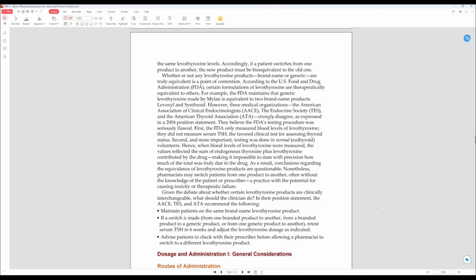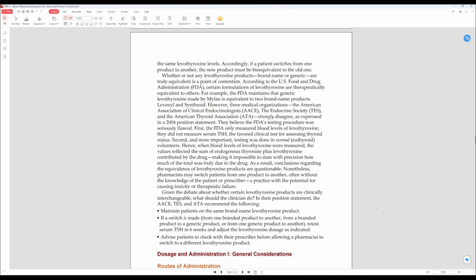They believe that the FDA's testing procedure was seriously flawed. First, the FDA only measured blood levels of levothyroxine, and they did not measure serum TSH, the favored clinical test for assessing thyroid status. Second, and more important, testing was done in normal volunteers. Hence, when blood levels of levothyroxine were measured, the values reflected the sum of endogenous thyroxine plus levothyroxine contributed by the drug, making it impossible to state with precision how much of the total was truly due to the drug.